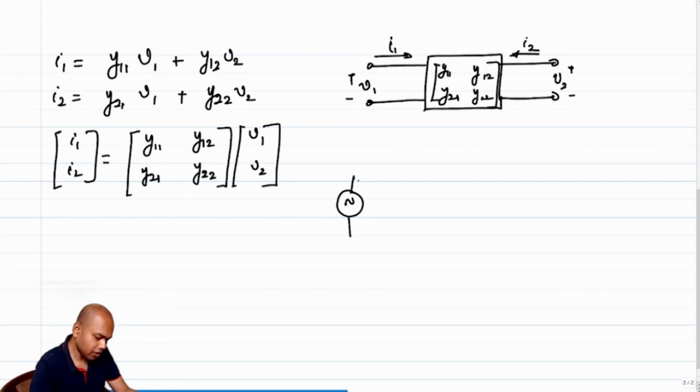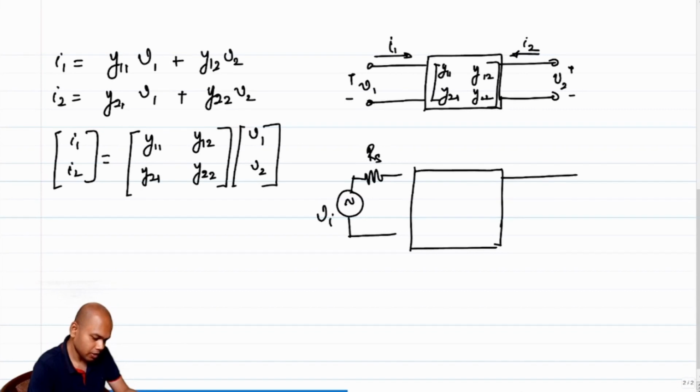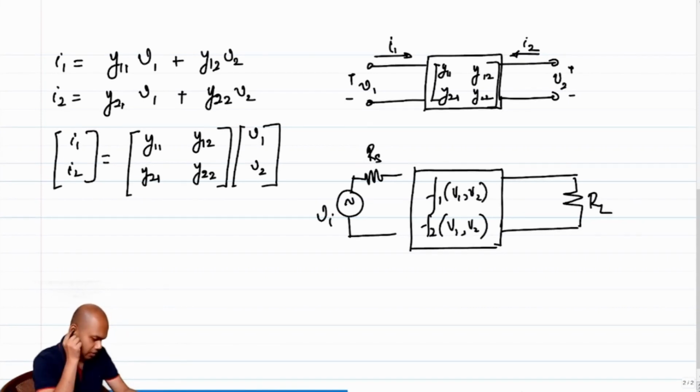We are looking for the fact that I have a voltage source Vi. It has a resistance associated with it, that is Rs. I have stuck it between this nonlinear two-port network, right? So this is F1 V1 V2, this is F2 V1 V2, right?